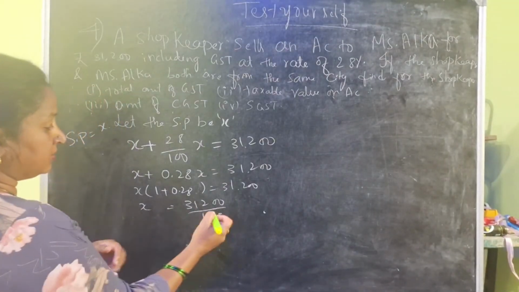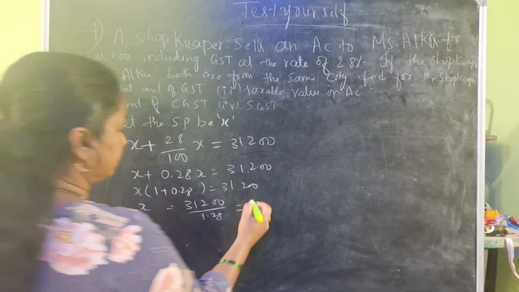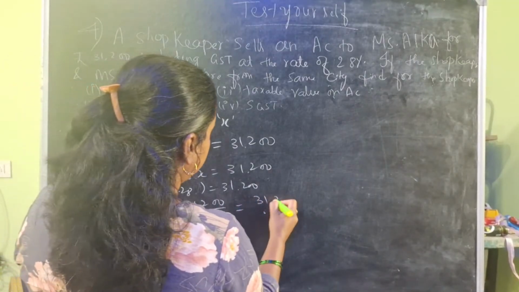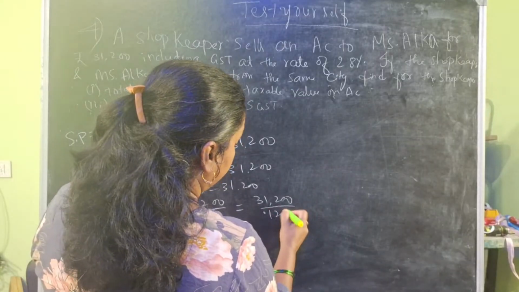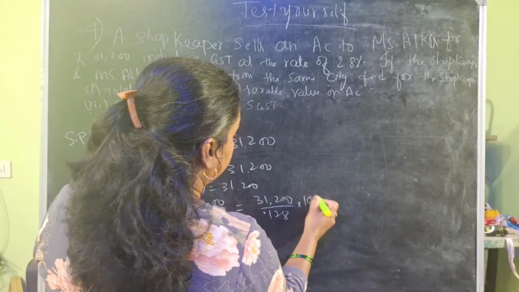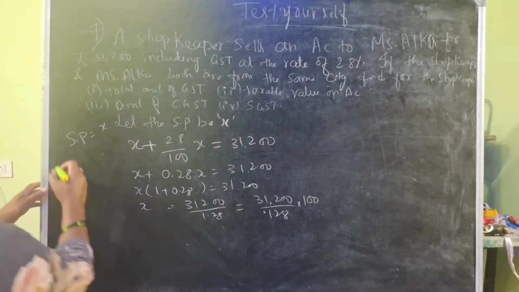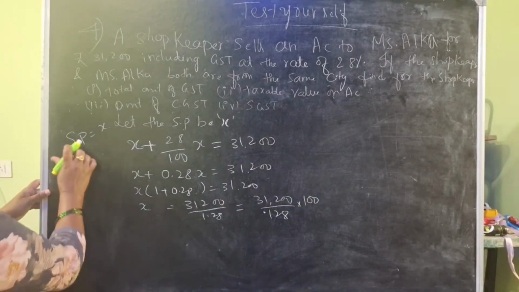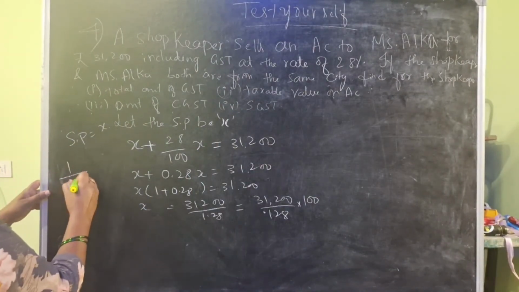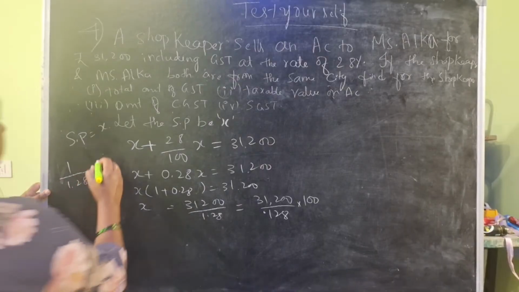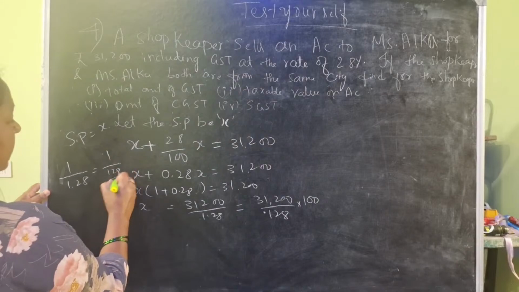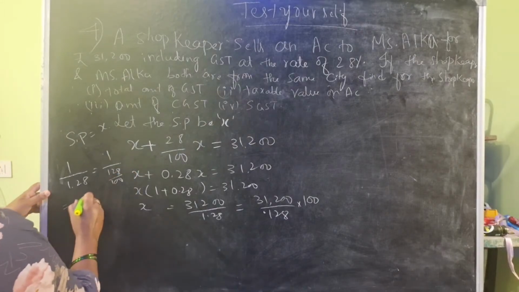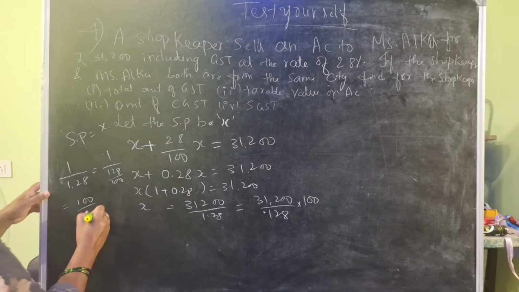Correct, right? Now we can simplify this: 31,200 divided by 128 into 100. That means we can write 1 divided by 1.28 as 1 divided by 128 divided by 100, which is equal to 100 divided by 128.